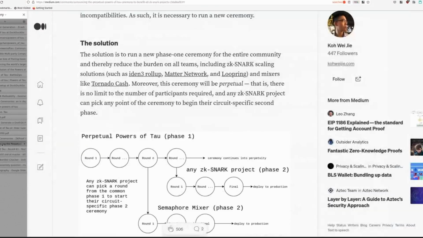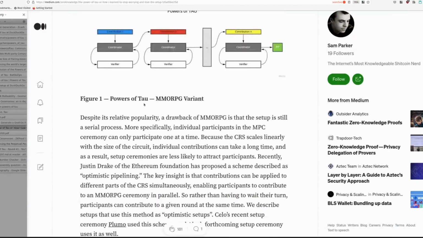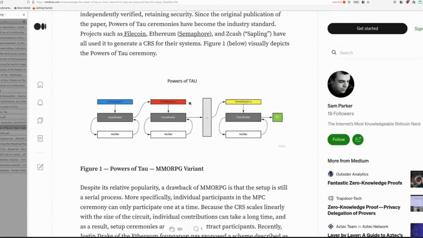But another thing here is a nice little diagram about how the powers of tau ceremony works. It's really simple, an oversimplification, but it's nice to have in one's mind as a picture. So one person does something, the coordinator adds to that information, and then the verifier verifies it.